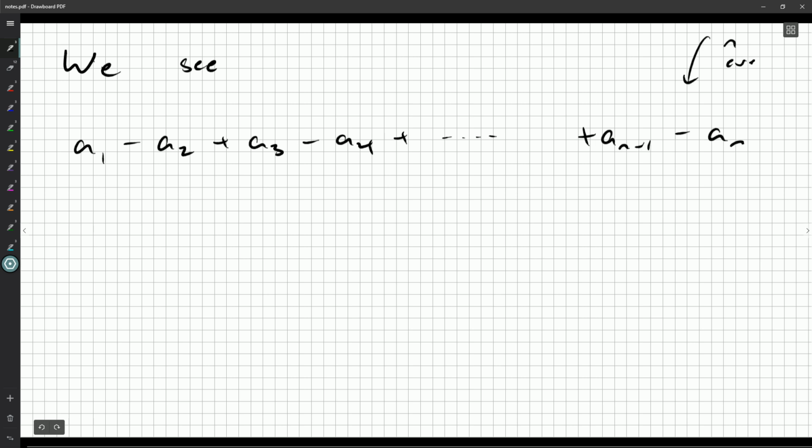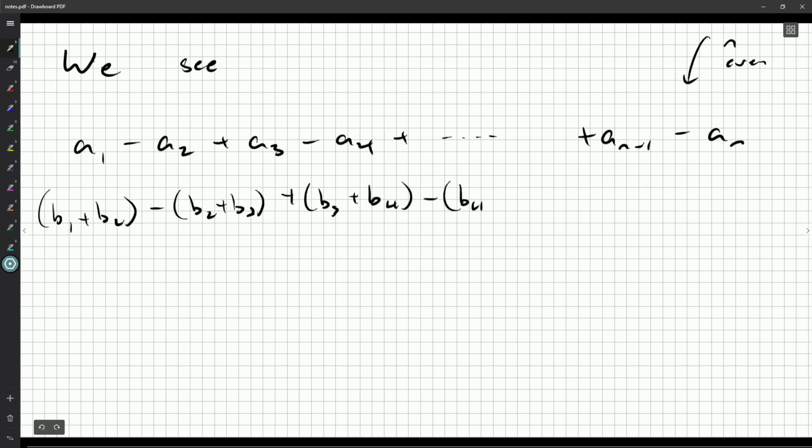Okay, so we see A1 minus A2 plus A3 minus A4 plus, and it'll be plus An minus 1 and minus An. Why minus? Well, we know n is even, so it's going to alternate. All the even ones have minus signs in front of them. But that's B1 plus B2. But then you're subtracting off a B2 plus B3. And then you're adding on a B3 as well as a B4.